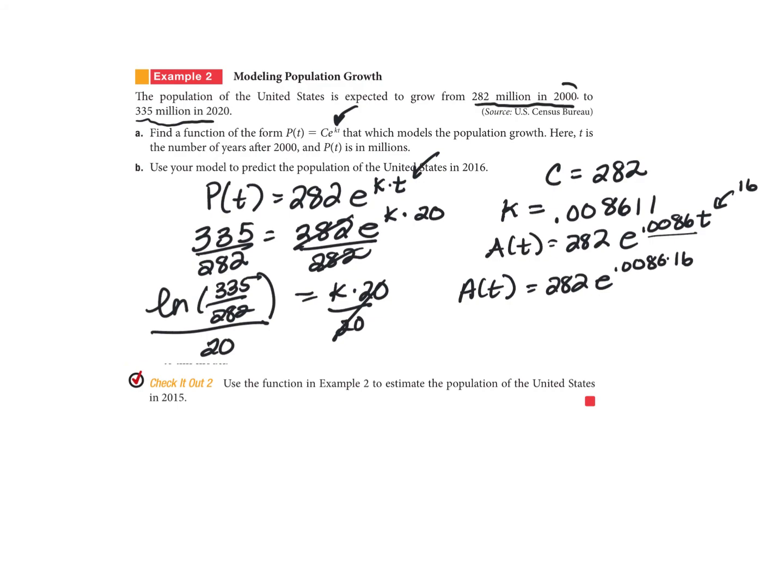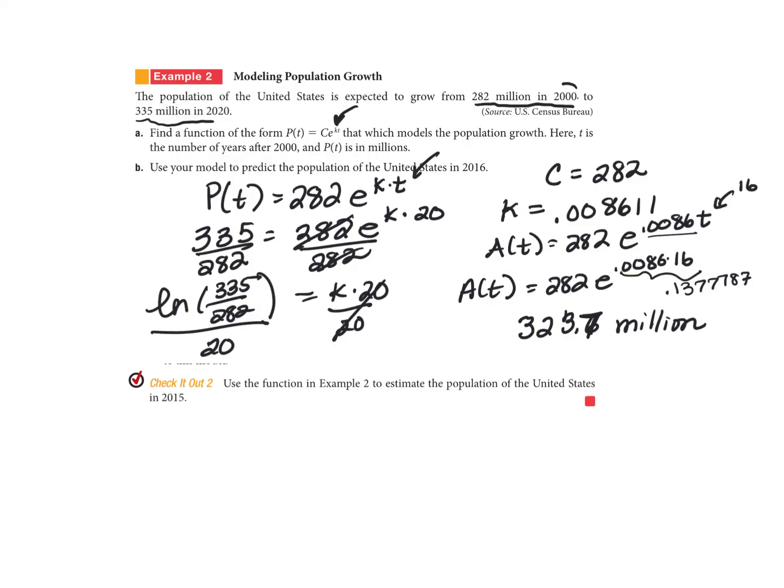I don't know how to do that on this calculator, but that answer is, so I'll just type it in. Oh, we got it, we're good. And then we're going to times that by 282. And we're going to expect in 2016 we'll have 323.6 million. 0.7 rounding to the nearest tenth.